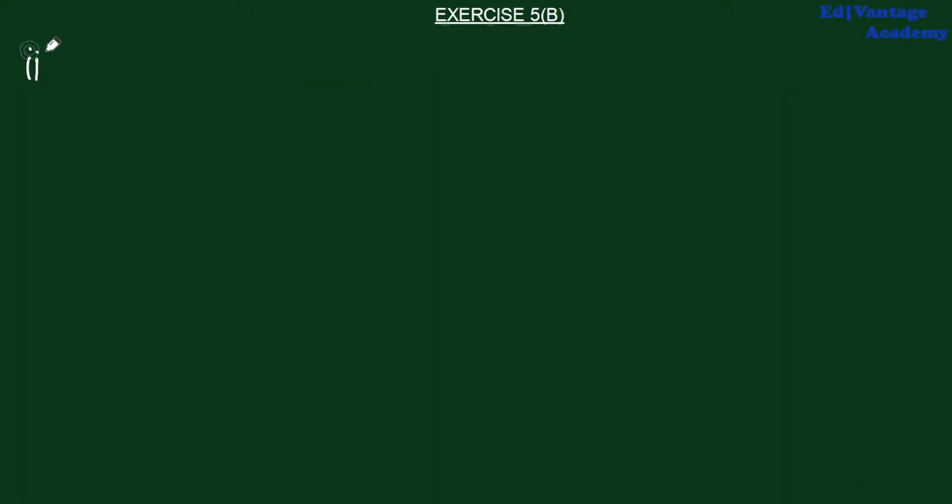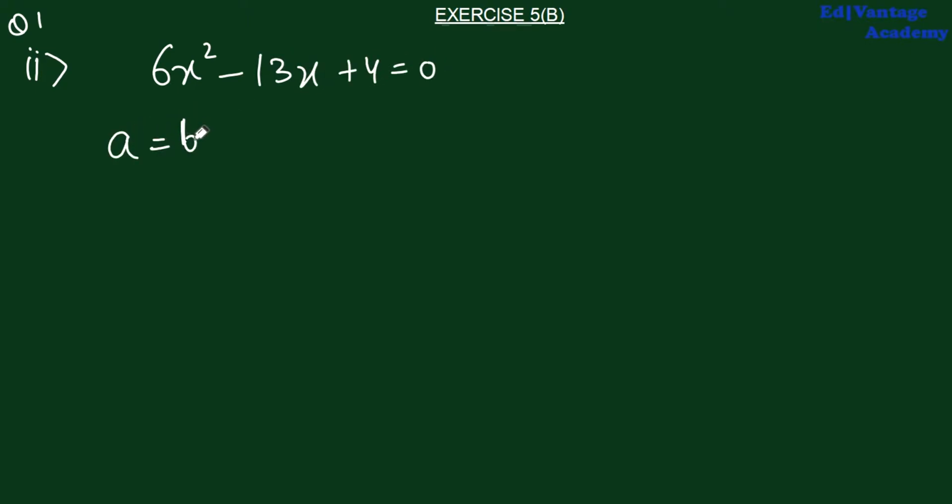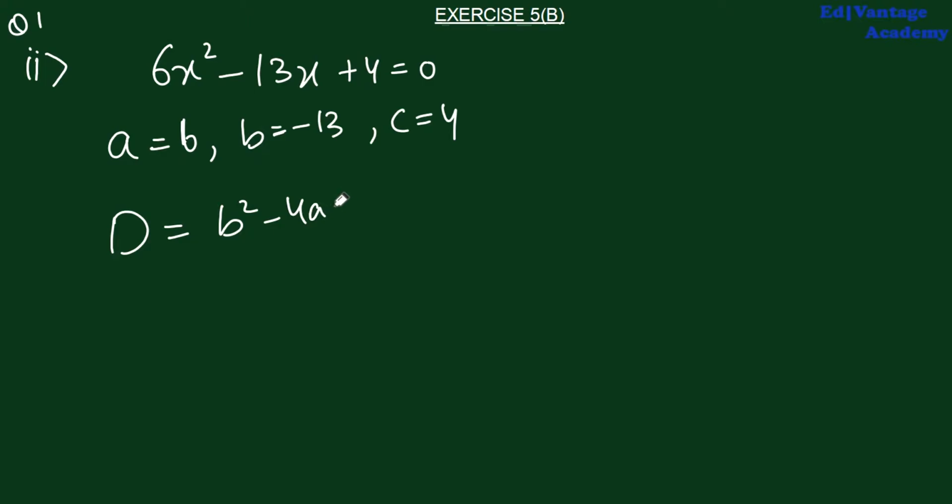they have given us question number 1, second part, 6x square minus 13x plus 4 is equal to 0. So if you see here, a is 6, b is minus 13, and c is 4. So we just have to find the nature of roots. We'll write discriminant is equal to b square minus 4ac.